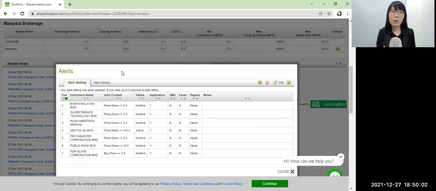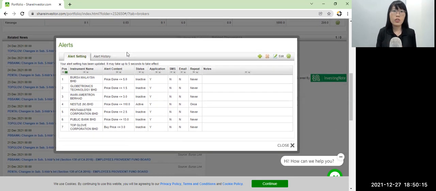So when the price hits or goes below the requirement, it will sound like an alarm. Then you will know. The good news is it links to your mobile apps. So when the alert is sounded, you will receive a push notification from your mobile application.